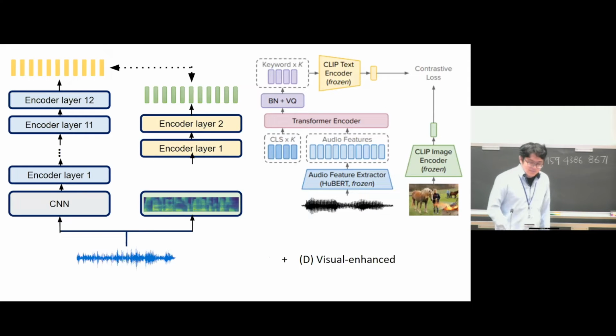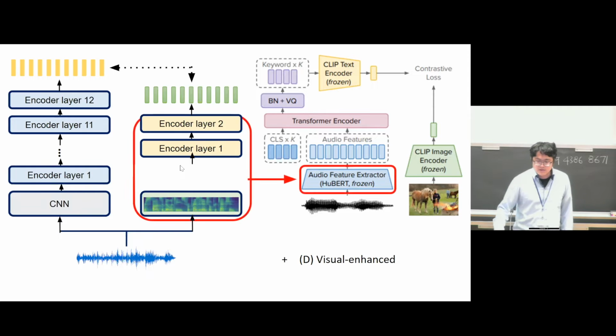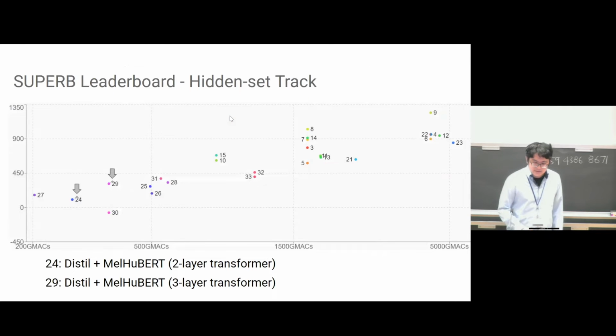Then we can apply the visual enhanced model. We can add SpeechCLIP on top of the model with mel spectrogram as input. Originally in David's experiment, they used HuBERT. Now we replace HuBERT with our model. And this is the result.